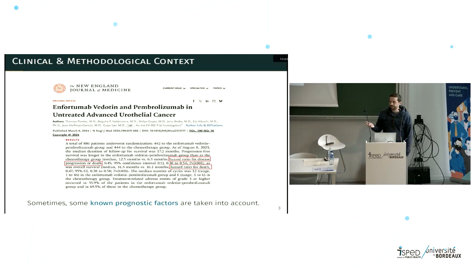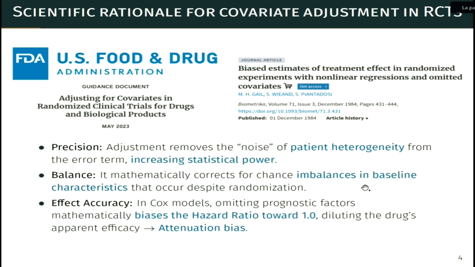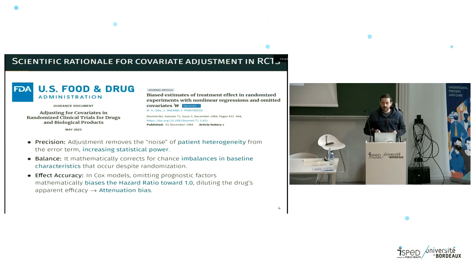Why? I just said it's averaged out, so we shouldn't need to adjust on anything, right? There are some reasons. If you look at this guidance document from the FDA, they explain adjustment removes the noise of patient heterogeneity from the error term, which increases statistical power.